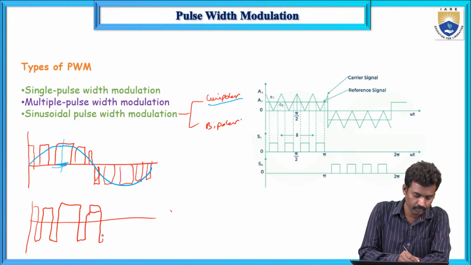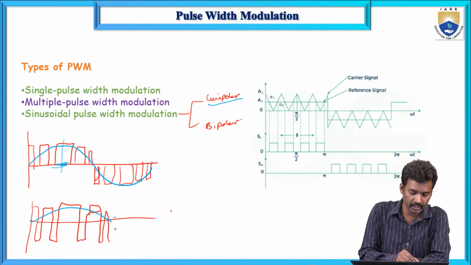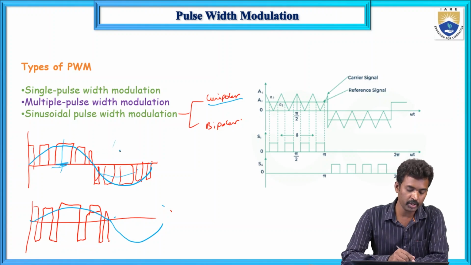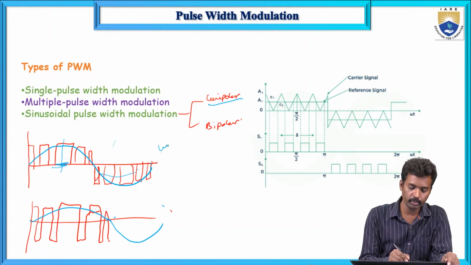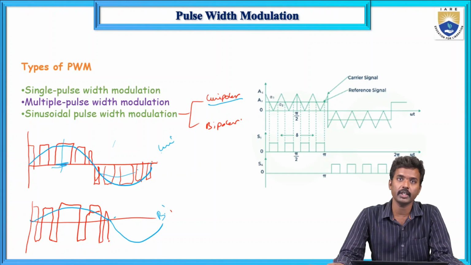Like this we get the half cycle, and in the same way in the positive part also we will get the waveform. So this is the unipolar and this one is the bipolar. I will explain each and everything: the single pulse modulation technique, the multiple pulse width modulation technique, the sinusoidal pulse width modulation technique. Next, unequal pulse width modulation.